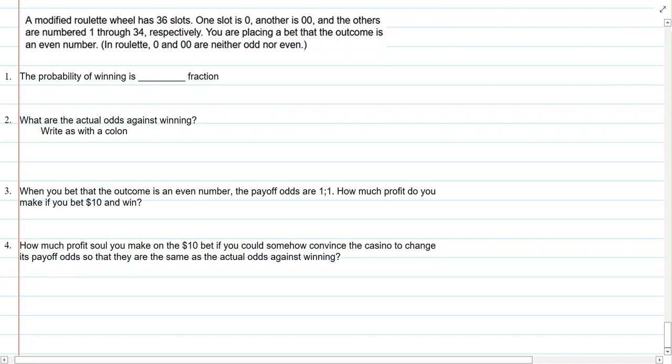So a modified roulette wheel has 36 slots. Better write it correctly so you all understand that I do know the procedure.